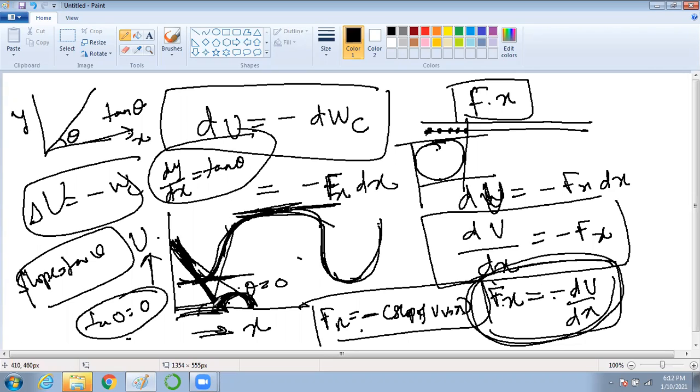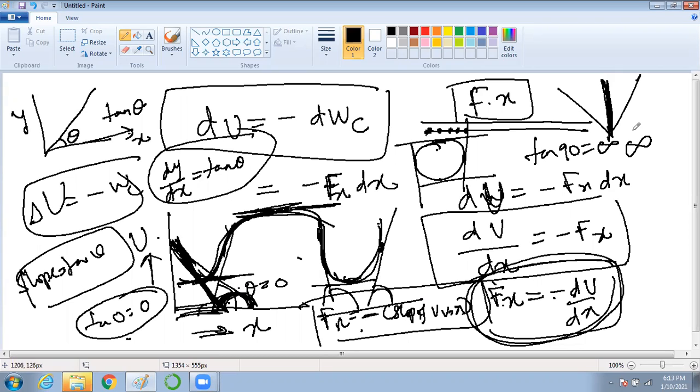Here the slope is positive, here again negative, here 0, and here again positive. If the angle is more than 90 degrees, the slope is negative; if less than 90 degrees, it is positive. If it is 90 degrees, it is infinite, because tan 90 is infinite.